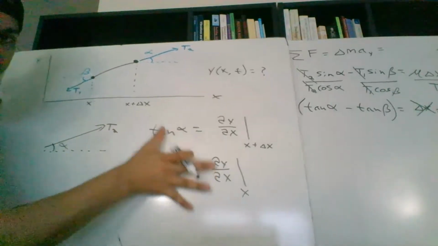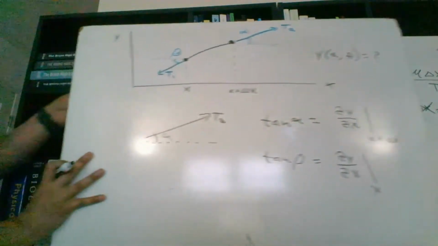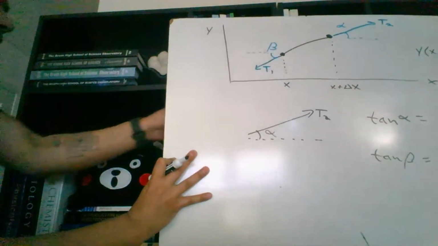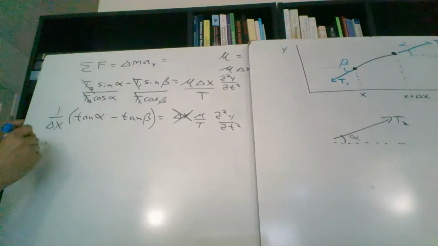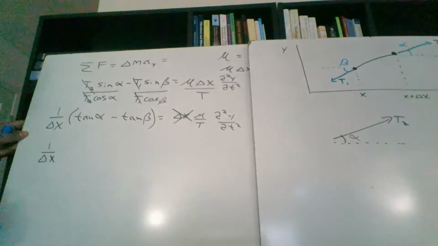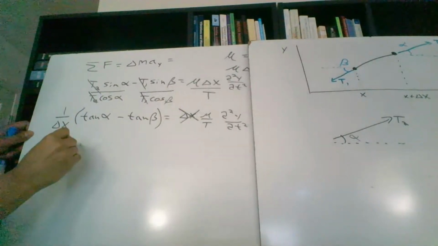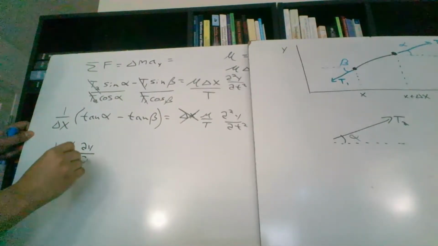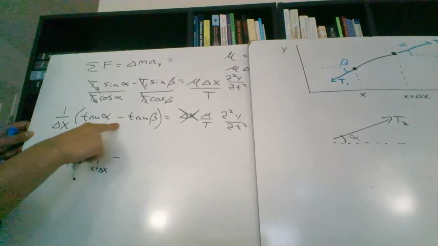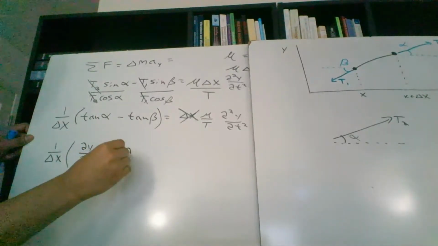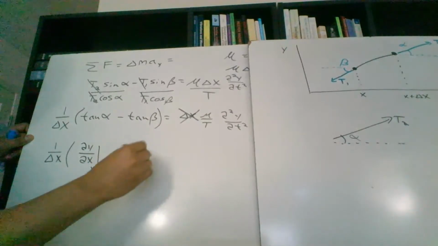What I'm going to do here is replace these two terms with what I have over there. So let's go back to our equation. We get 1 over delta x multiplied by tangent alpha, which is dy over dx evaluated at x plus delta x, minus tan beta, which is dy over dx evaluated at x.